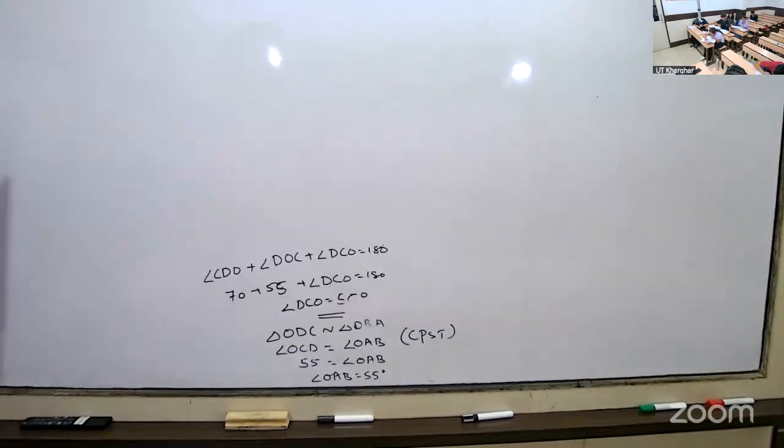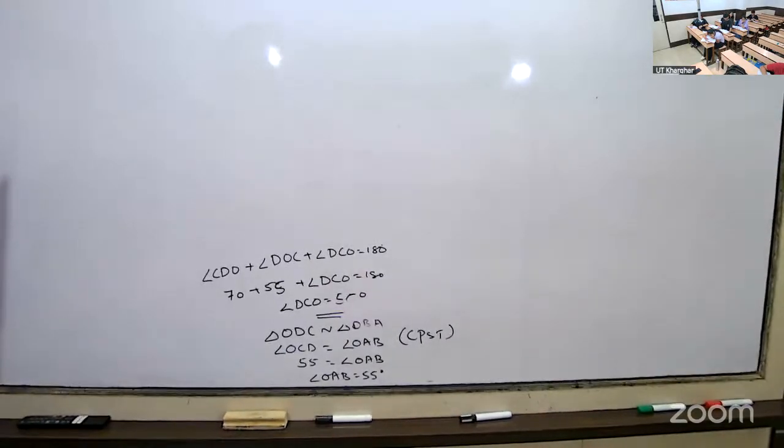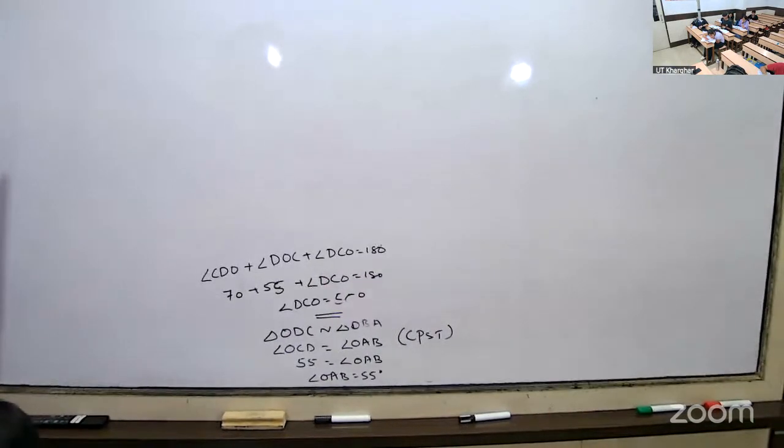Second question, then read the third question. In the figure, QT by PR is equal to QR by QS and angle 1 is equal to angle 2. Prove that triangle PQS is similar to triangle PQR.